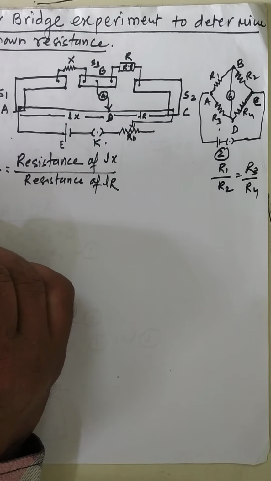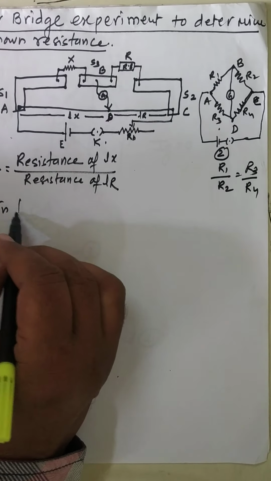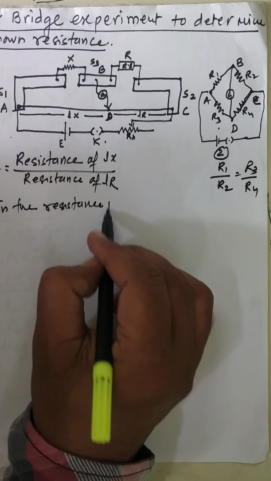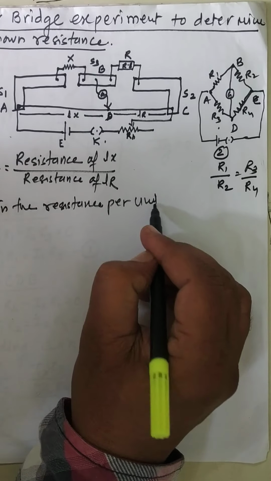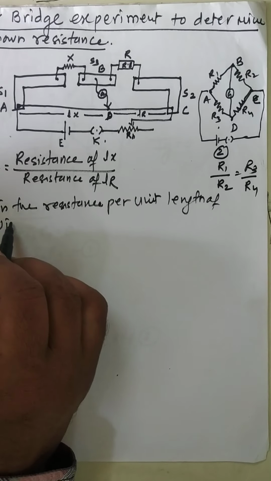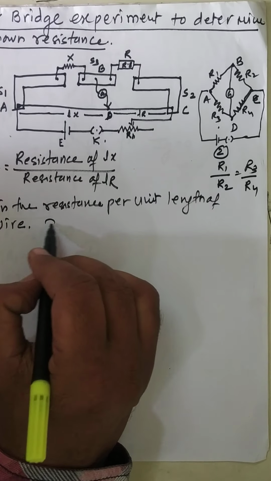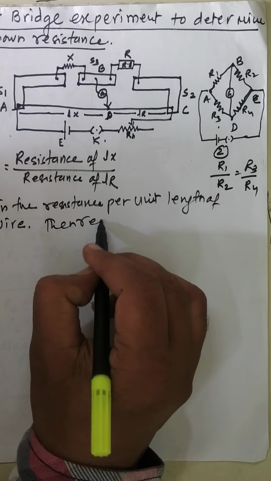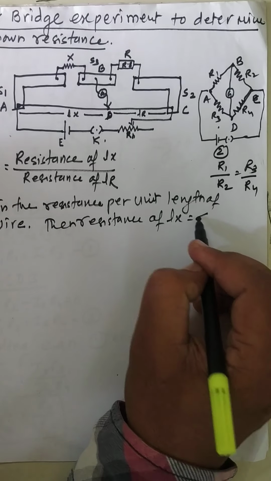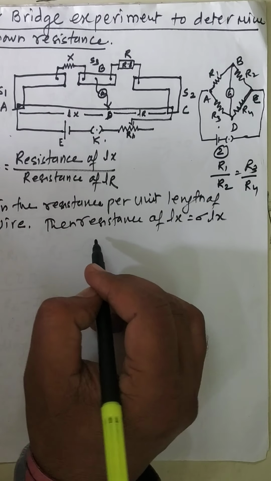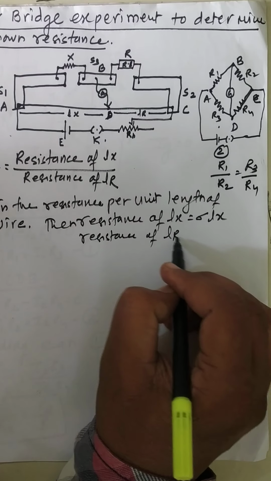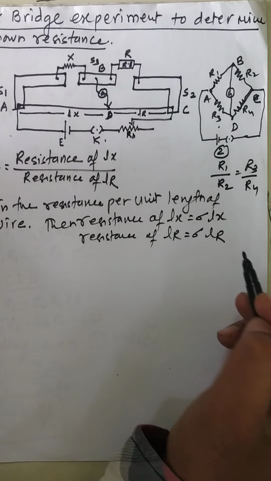If sigma is the resistance per unit length of wire, then resistance of Lx is equal to sigma Lx, and resistance of Lr is equal to sigma Lr.